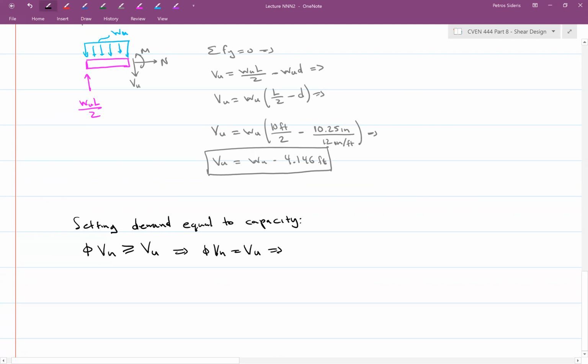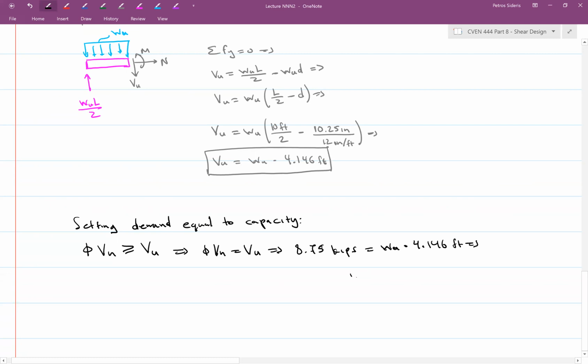In this case you have 8.75 kips equal to WU times 4.146 feet.